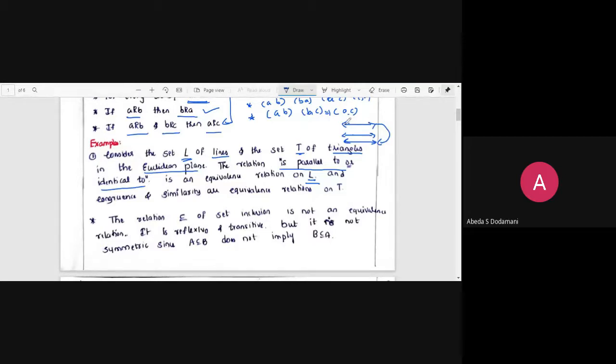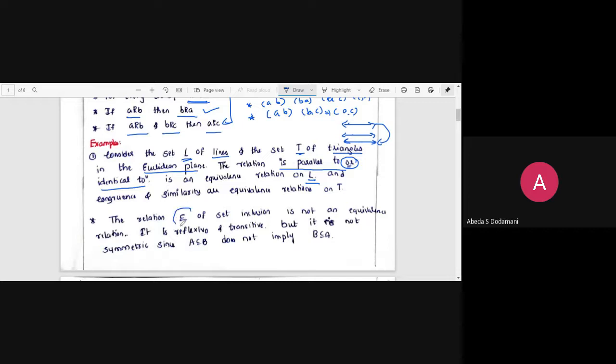And every line is identical to itself, so it is reflexive. Hence, in the geometrical example, we can say they are equivalence relations.